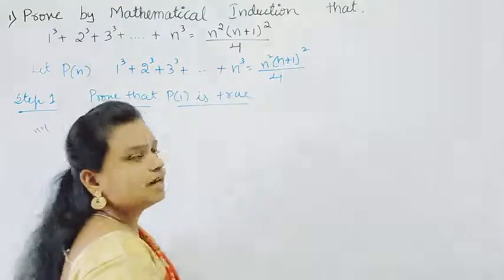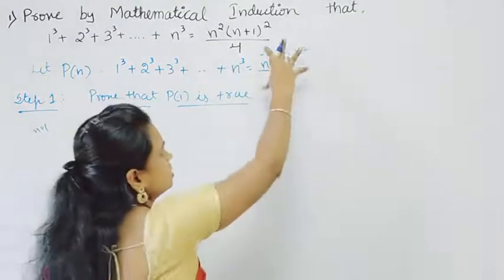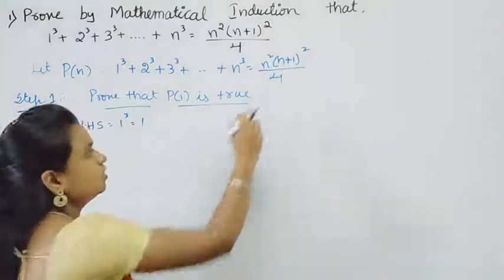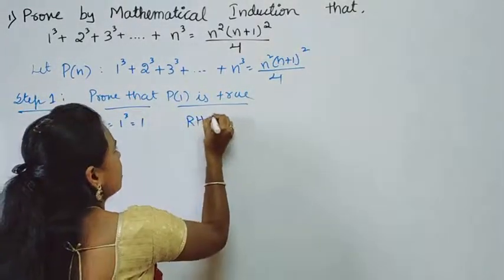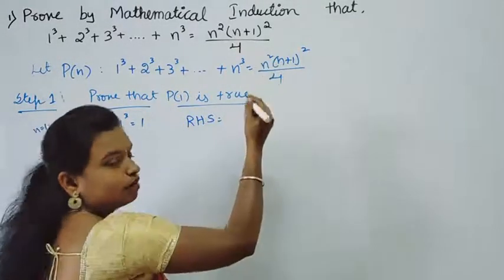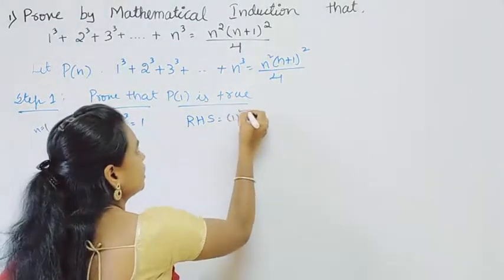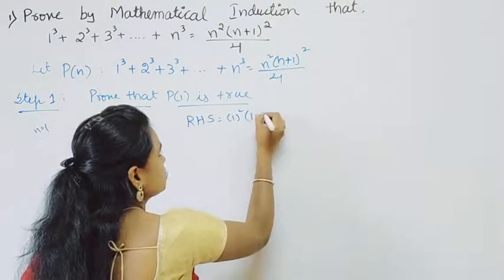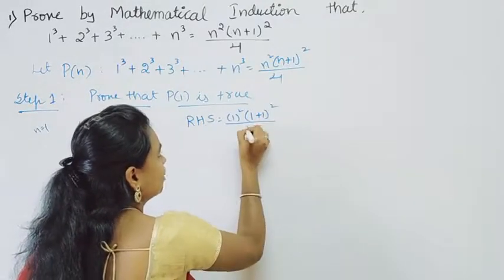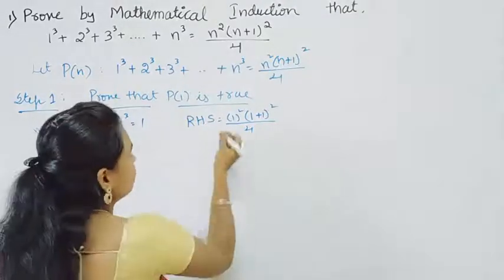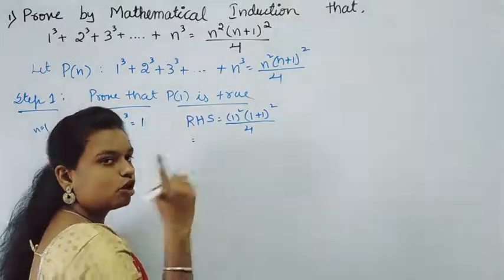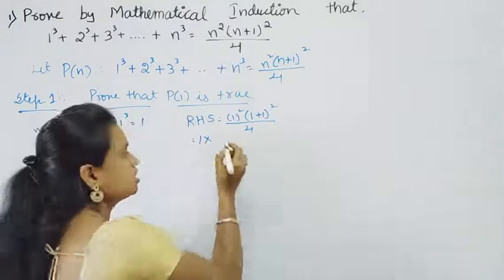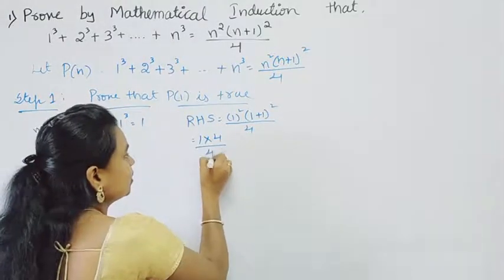Now come to the RHS, put n is equal to 1. RHS is equal to 1 square into (1 plus 1) the whole square, whole divided by 4. When we simplify this, 1 square is 1, into 1 plus 1 is 2, 2 square is 4, divided by 4.